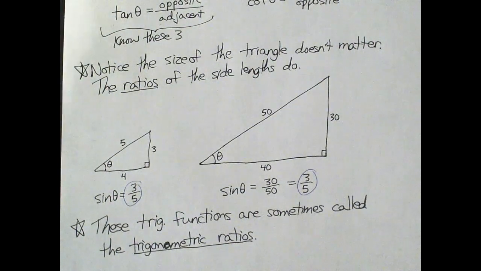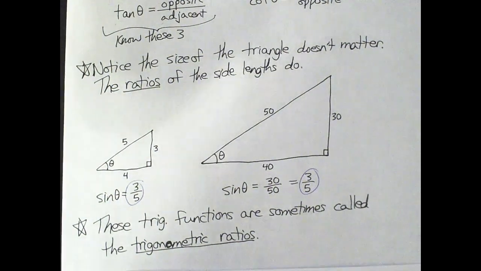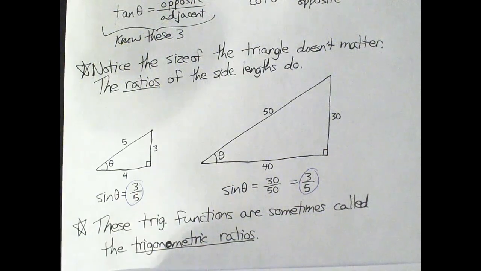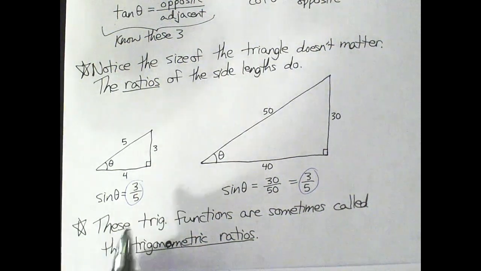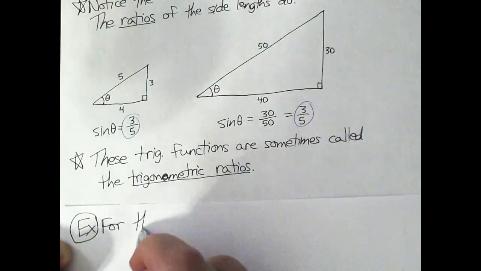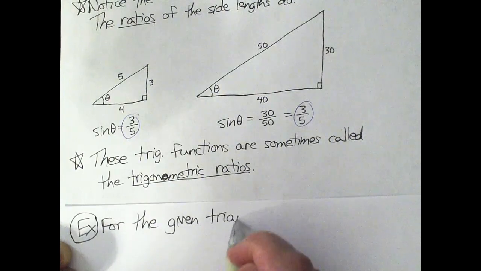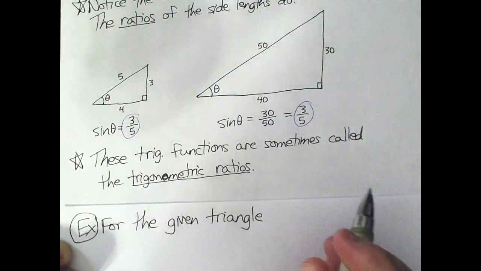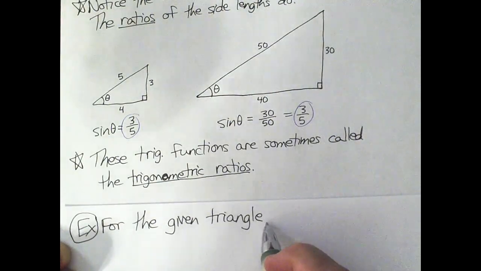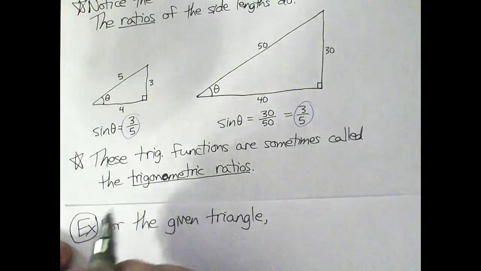All right, let's do a problem. I'm going to give us a problem, and I'll get it started for us, and then I'll ask you to finish it. For the given triangle, by the way, whatever triangle I give us, it had better be a right triangle, because those are the only ones that we know how to deal with so far.